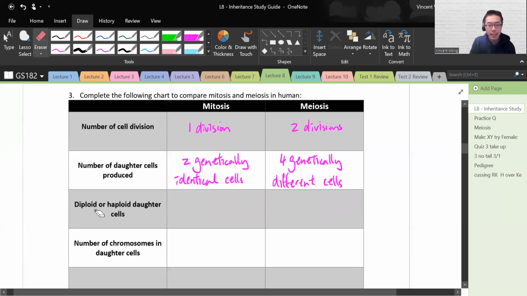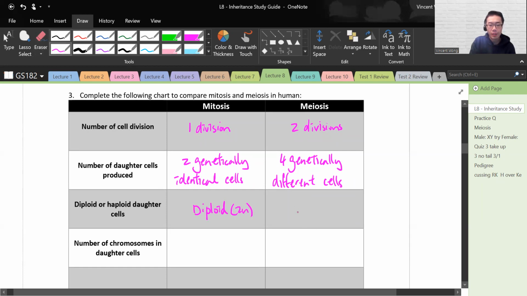Now, the daughter cells, are they diploid or haploid? For mitosis, we are getting the exact same cell as the original, so those will remain diploid, 2 sets of chromosomes, 2n.